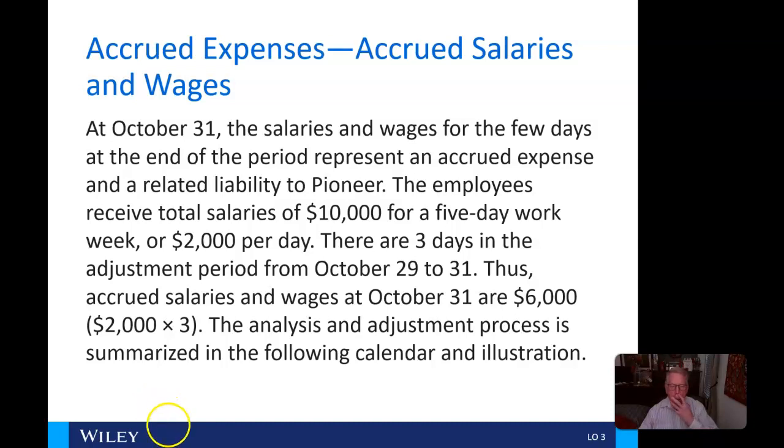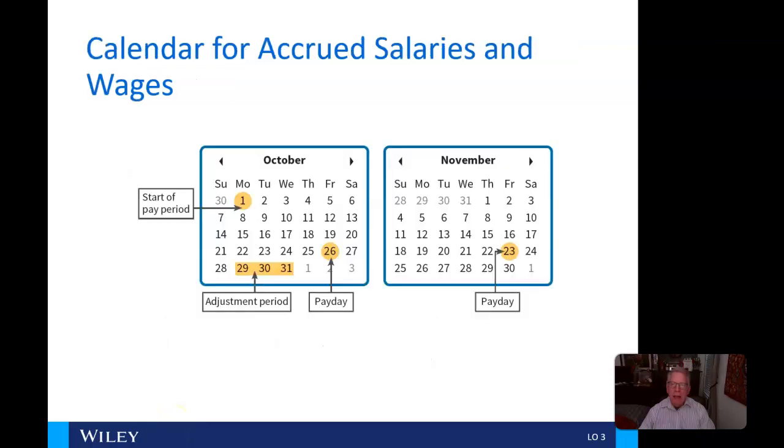So what we're going to do is we're going to accrue that, and we're going to debit, as it's shown here graphically a little bit to make this easy. Here's our adjustment period down here. And I guess these people are paid monthly. So Friday is the last payday here. So this has not yet been paid.